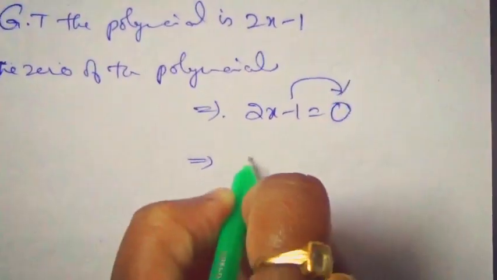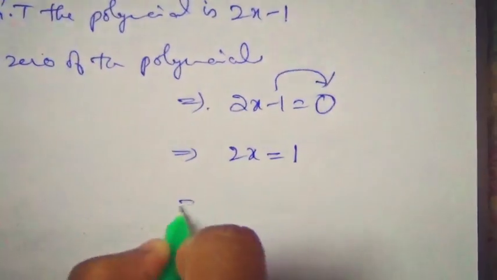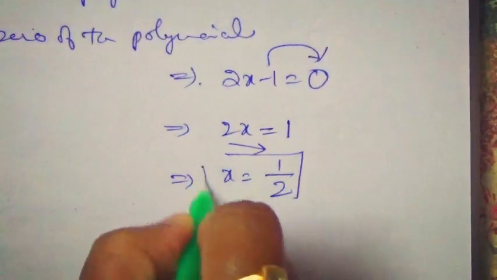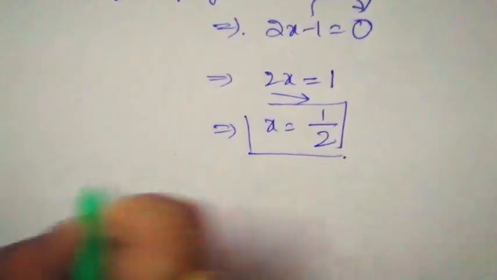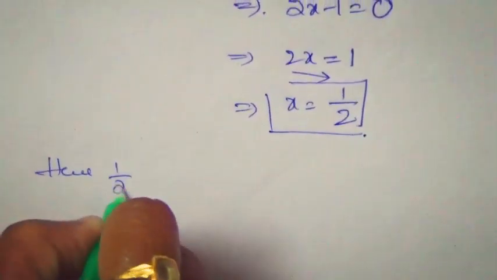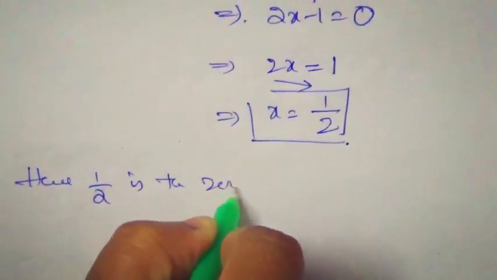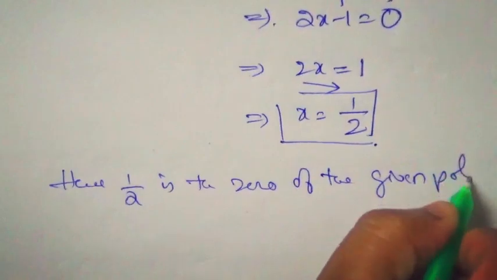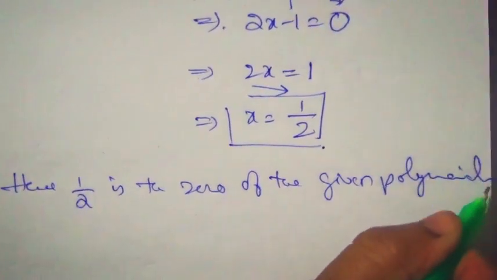Minus 1 becomes plus 1, so that implies x is equal to 1 by 2. Here 1 by 2 is the 0 of the given polynomial. So we finished example 3 also.